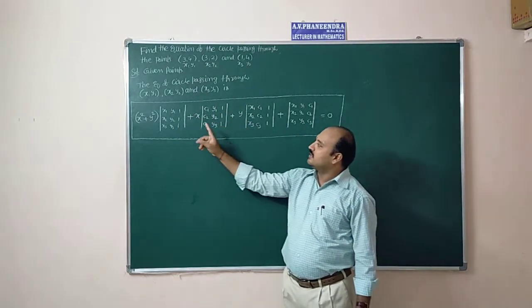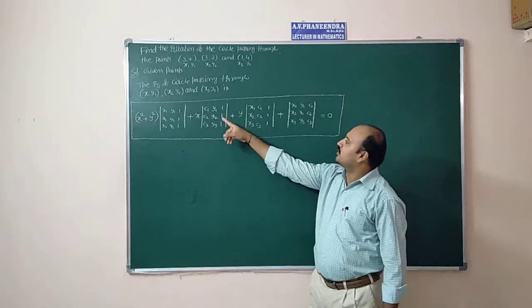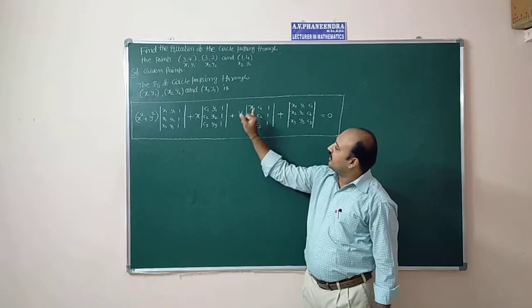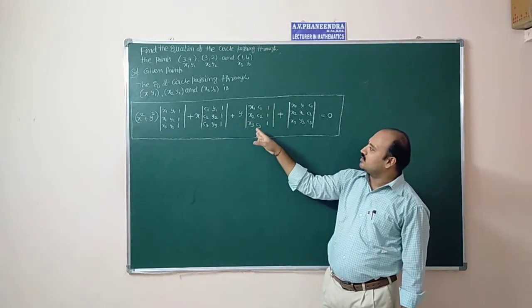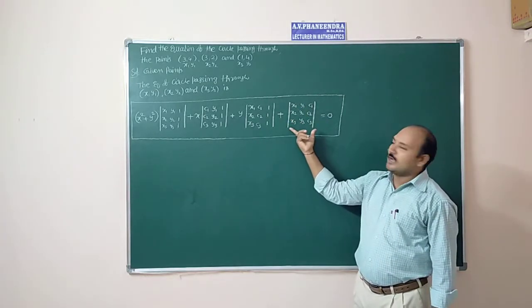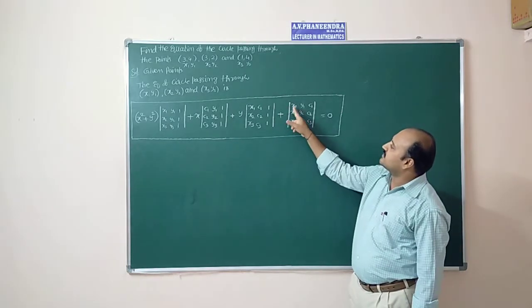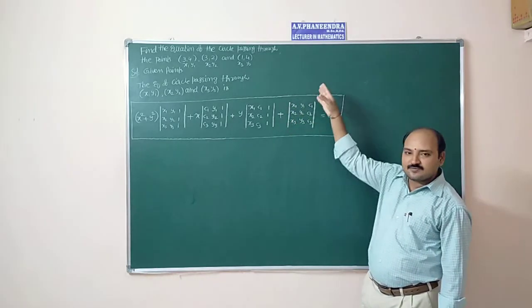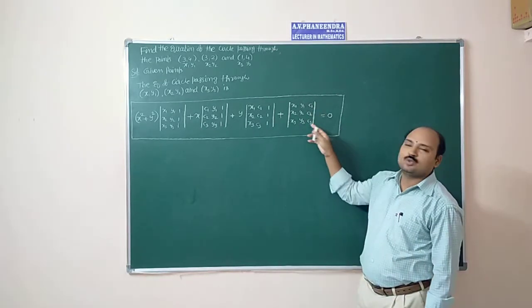Plus y into, the second column replaced with C1, C2, C3, so x1, x2, x3, C1, C2, C3 and 1, 1, 1, plus the last determinant. In this last determinant, we take the given points x1, y1, x2, y2, x3, y3 as the first and second columns. The last column is replaced with C1, C2, C3.